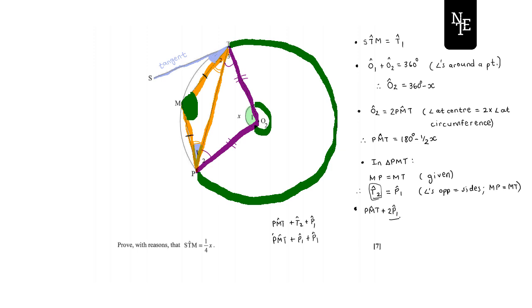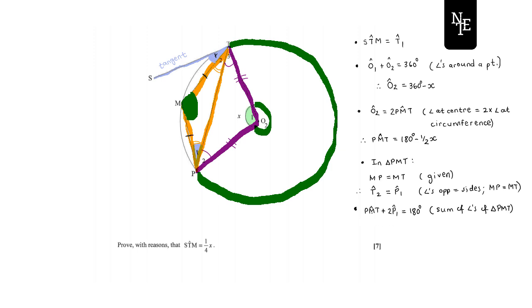So we're going to have 2 angle P1s. And we're going to choose to work with angle P1 because angle P1 is related to angle T1, which we are ultimately trying to calculate. This must equal 180 degrees. The reason is sum of angles of the triangle PMT.